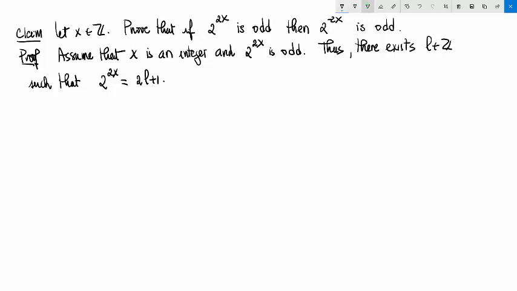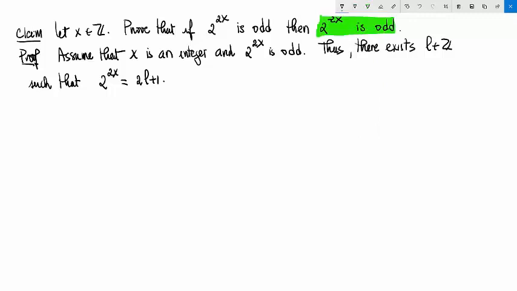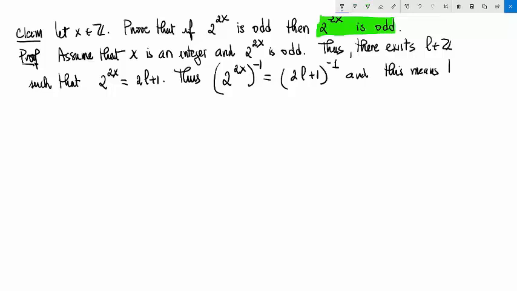Now I want to say something about the parity of the reciprocal of 2 power 2x, right? So I will take the reciprocal of this quantity here. So thus 2 power 2x inverse must be the inverse of 2L plus 1, and this means that 2 raised to negative 2x is really 1 over 2L plus 1, right?